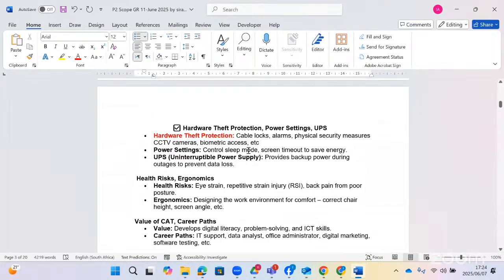Also, you can bolt the desktop and also chain. So all these are measures that we use to protect different hardware from being stolen. So you must take note of that.